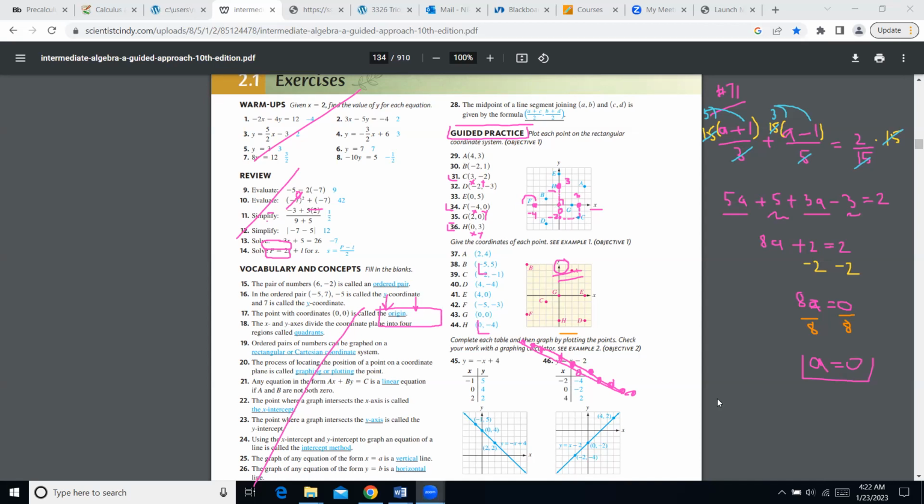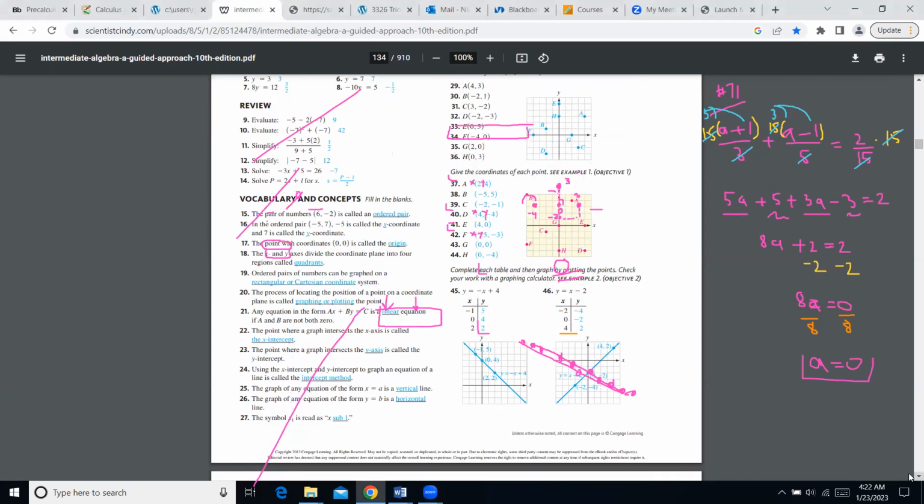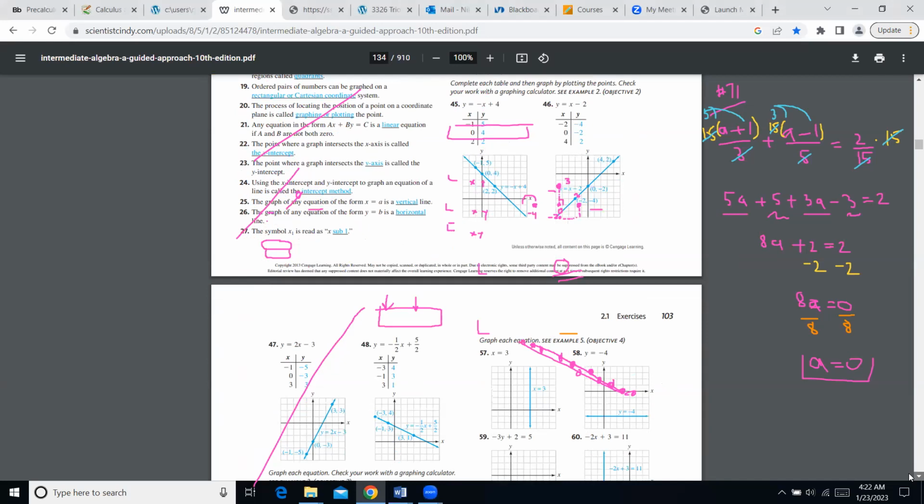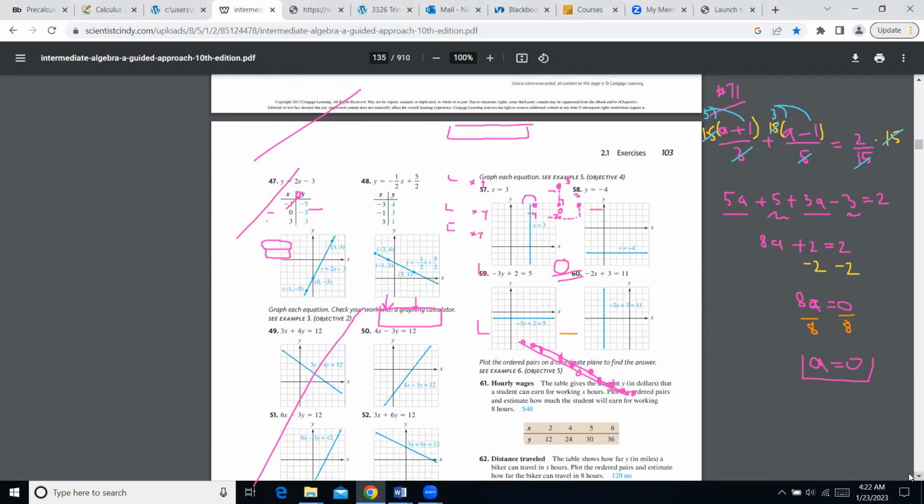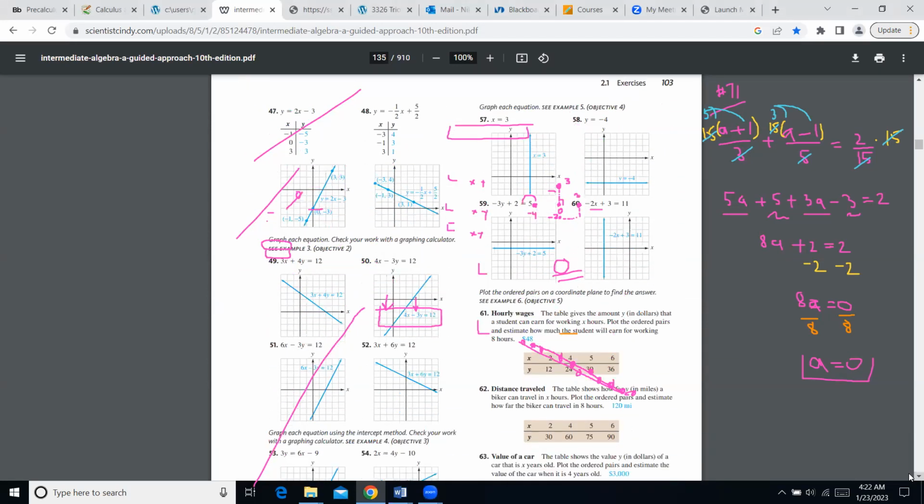So points with 0 coordinates are here. And basically, all they want you to do is get various points calculated and pictured on your number lines.